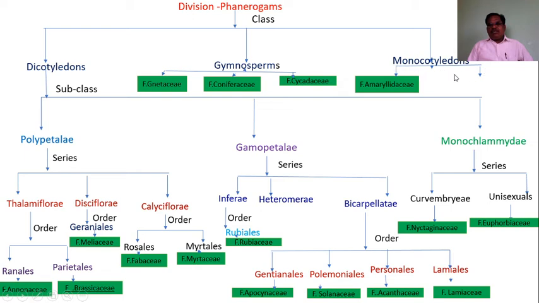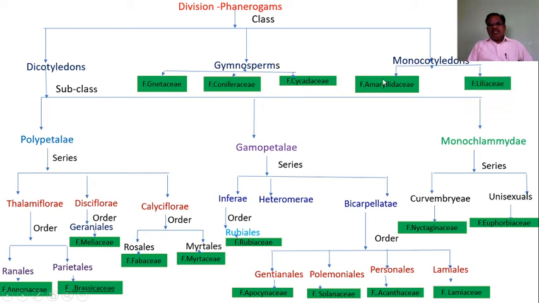One more thing, vascular bundles are well developed. But one very important thing is that the stem is unbranched, and nodes and internodes are present. Monocots divide into two families, Amaryllidaceae and the next one Liliaceae.